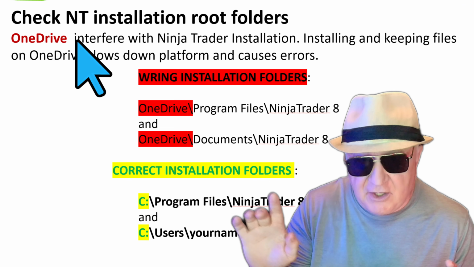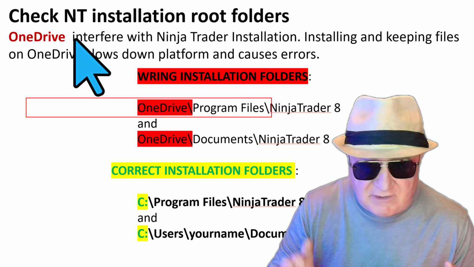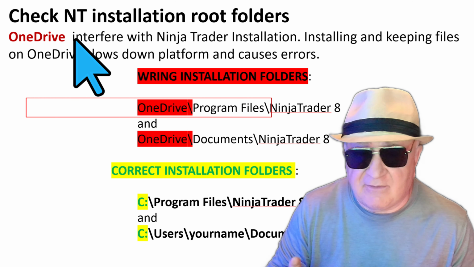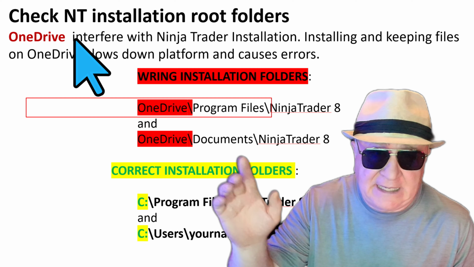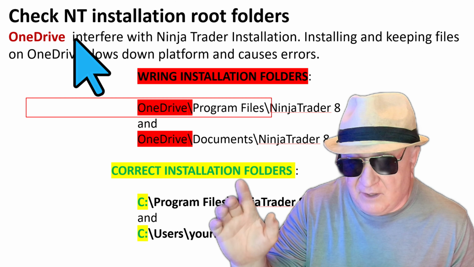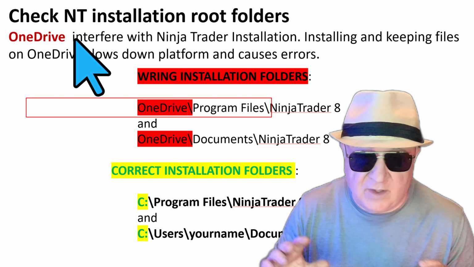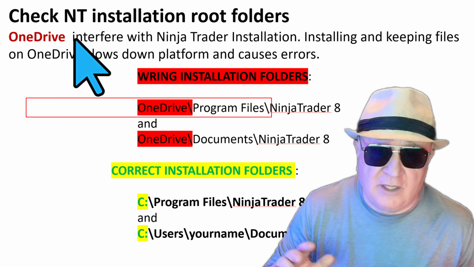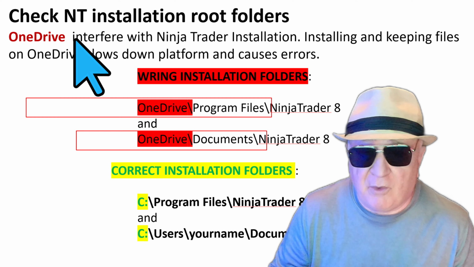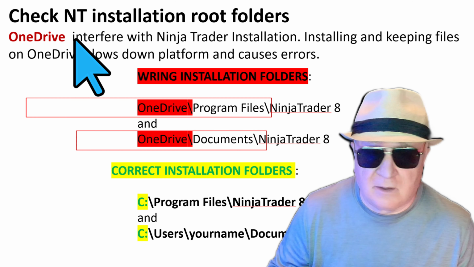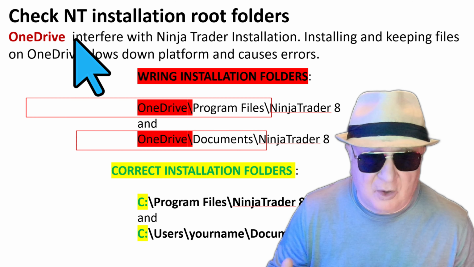That means whatever operation you do, whatever task you give to the Ninja platform, it must connect to the cloud, use the internet, and connect back and forth. And the same with the folders. NinjaTrader not only installs its program, but also has specific folders where you keep your templates, indicators, and all of that.